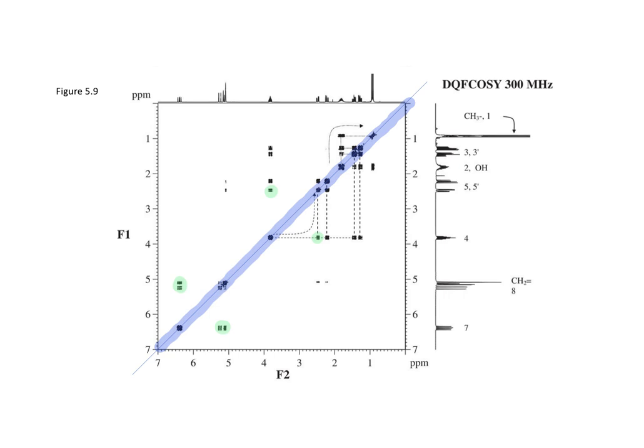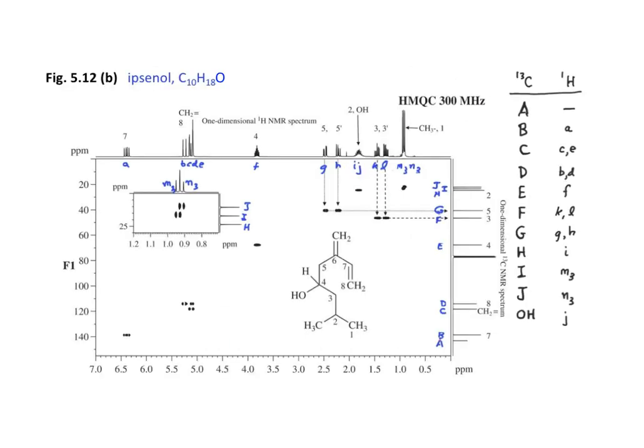Traditionally, the COSY experiment is presented as the first of the two-dimensional NMR experiments. But in practice, I recommend first finding the one-bond correlations between protons with the respective carbon atoms, such as the HMQC experiment, which was described in a previous video.